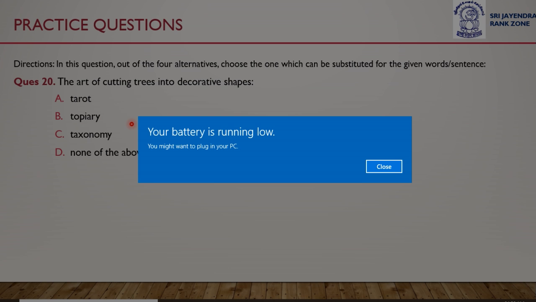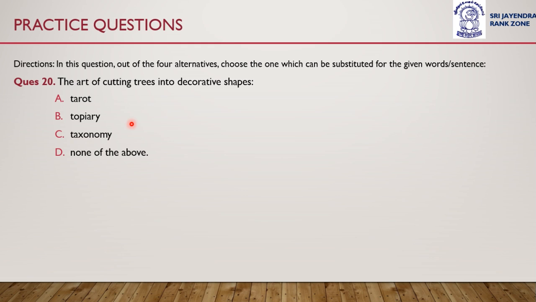What do we call the art of cutting trees into decorative shapes? The answer is option B, topiary.